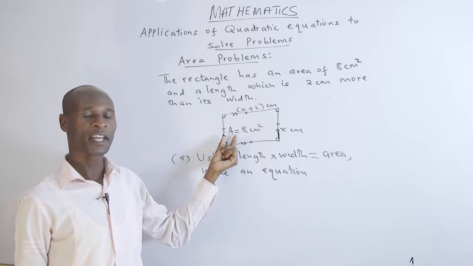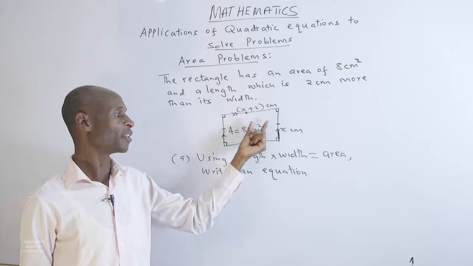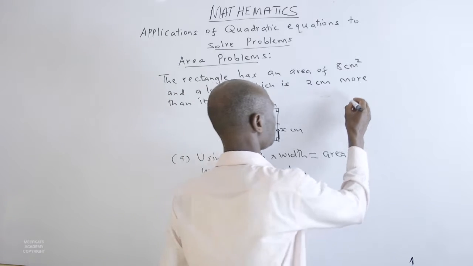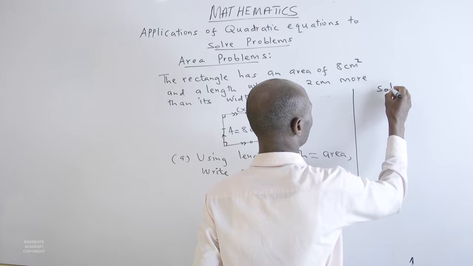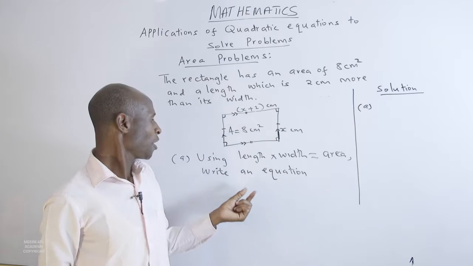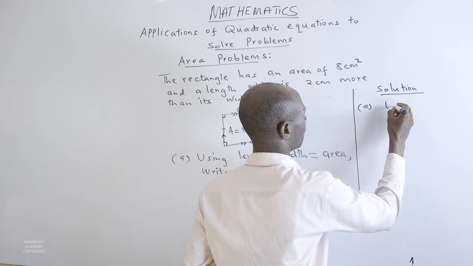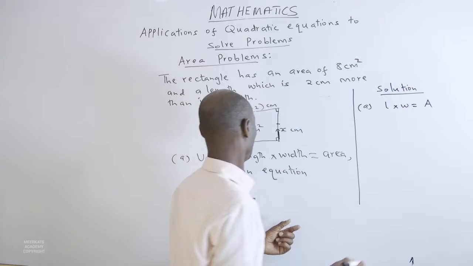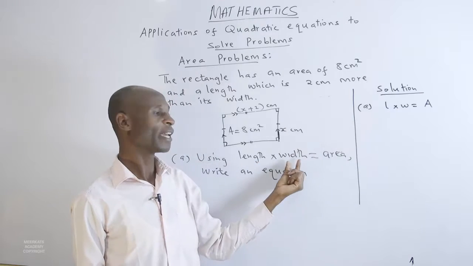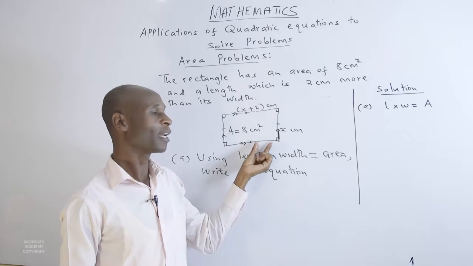So we wish to write an equation connecting the area, the length and the width of the rectangle. If we use the formula length times width is equal to area, where L represents length of the rectangle, W represents the width, and A represents the area of that particular rectangle.